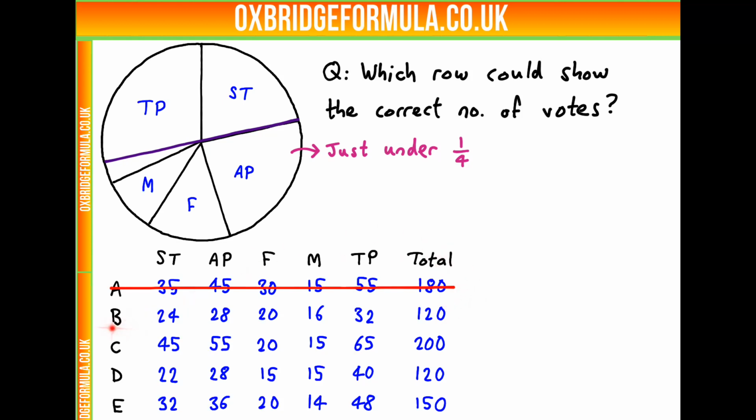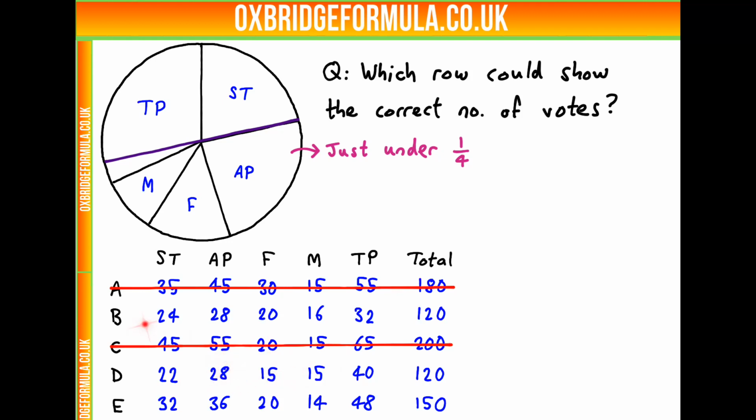What about B? So 28 out of 120, is that just under a quarter? Well, a quarter would be 30, and this looks pretty good in that regard, so let's keep B for now. What about C? Is 55 just under a quarter of 200? So this is actually just over a quarter. A quarter of 200 is of course 50. So we know it can't be C. What about D?